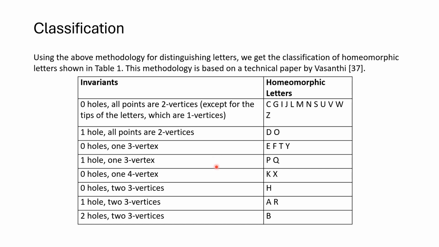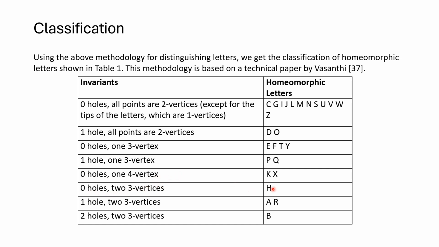They're topologically the same in the topology that we've defined. Then P and Q have 1 hole, and they have one 3 vertex here and here. We mentioned K and X before. They have a 4 vertex. Everything else is either a 1 or a 2 vertex.